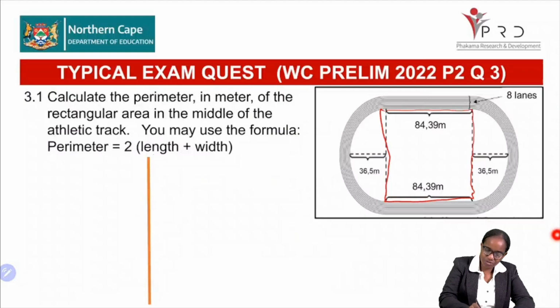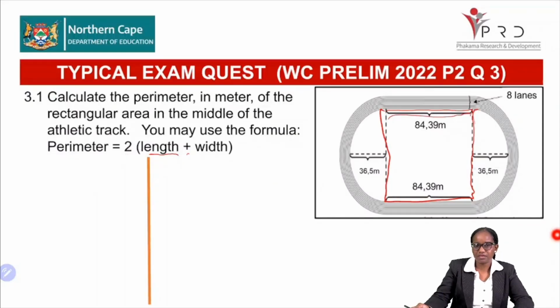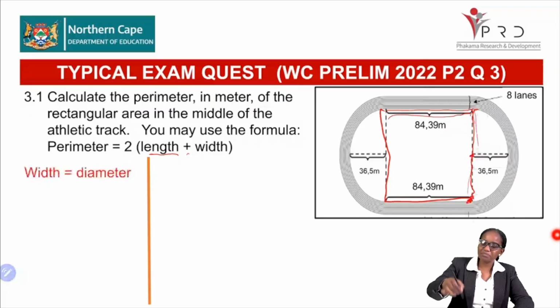Perimeter is calculated as length plus width times 2. We have the length. What is the width? What is the width, class? Given this as the radius, what is the width? So our width will be equal to the diameter of the semicircle. This diameter will give us the width.